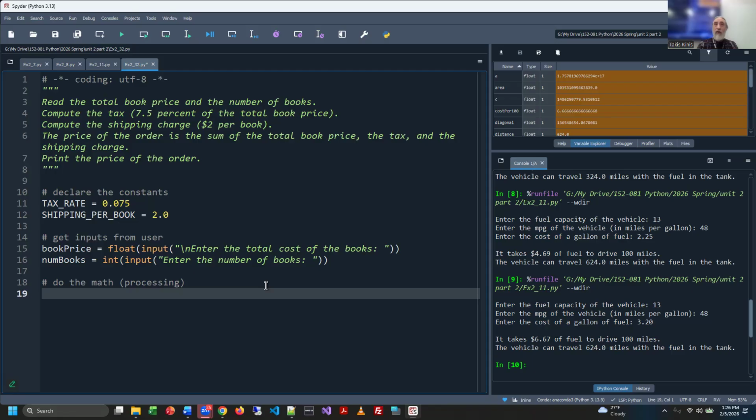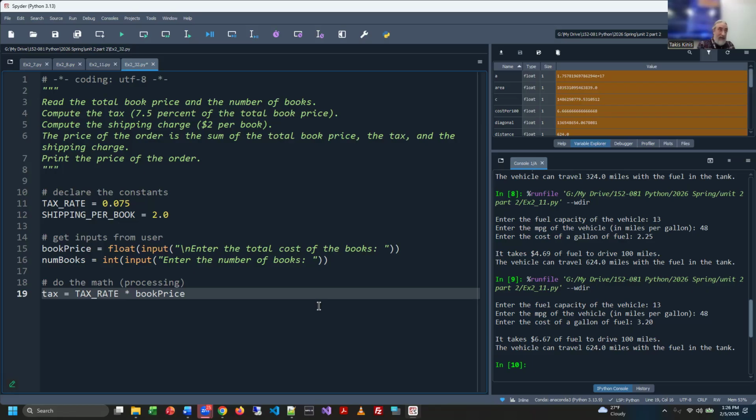We're just asking what was the total cost of all the books. So to determine the tax, I'm going to say tax equals the tax rate times the book price. I'll put a space in there. So I bought 2 books at 50 bucks. That's 100 bucks. And then I'm going to multiply that 100 times 0.75 to get the tax.